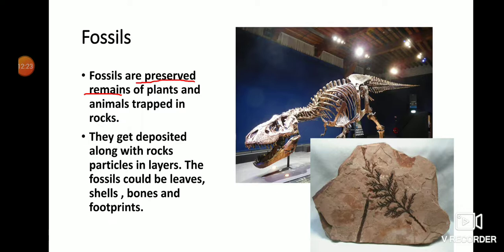Some fossils are found in sedimentary rocks of creatures or plants that do not exist now. That means fossils of prehistoric plants and animals can be seen in sedimentary rocks. So these are a very important part and give us much information about history and prehistory.